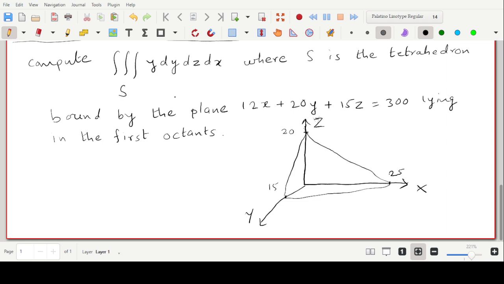All right, so now note that this is the line that lies in the xz plane. Now in the xz plane y is 0, so this line is 12x plus 15z equal to 300.